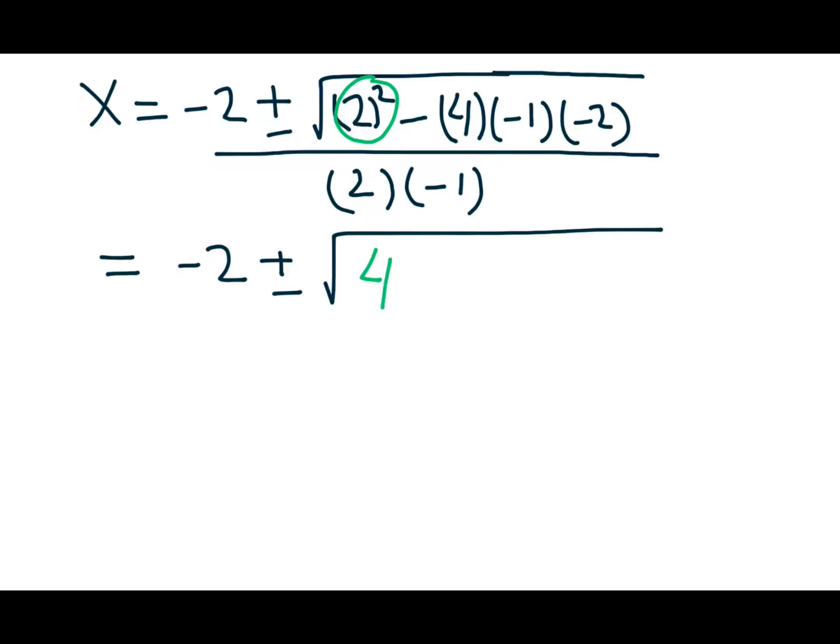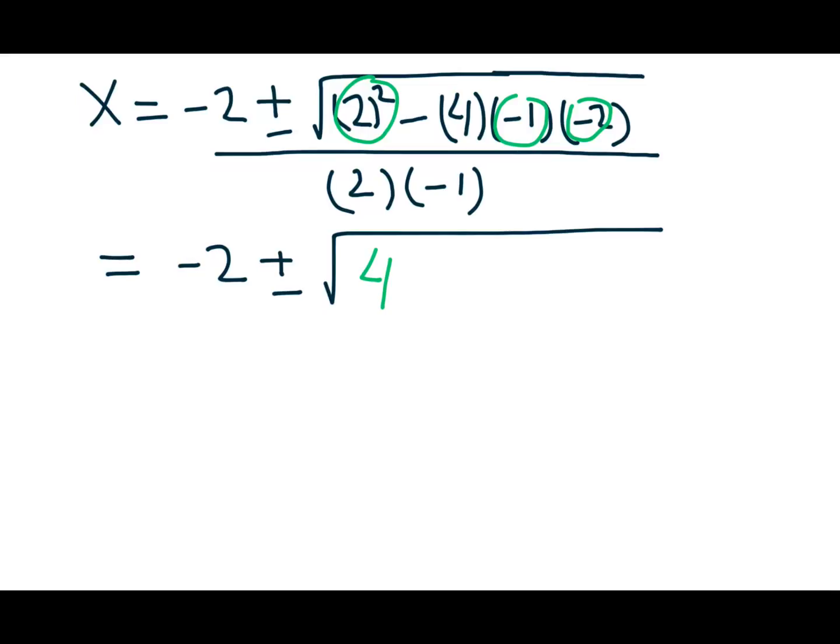And now we have two minus signs here, minus 2 and minus 1. Minus and minus is going to be plus. So minus 1 times minus 2 equals 2.